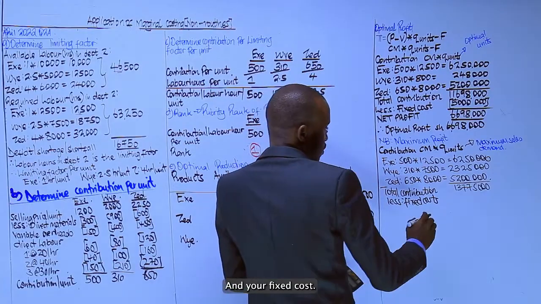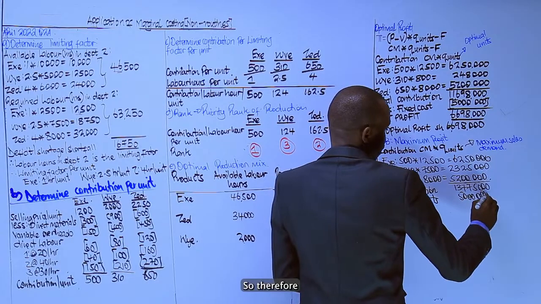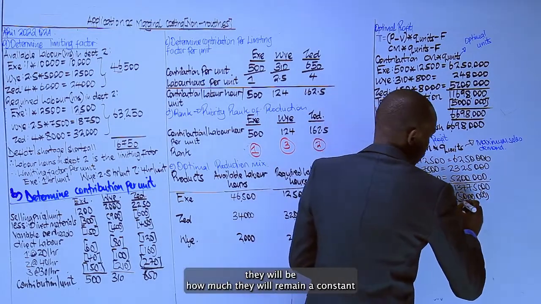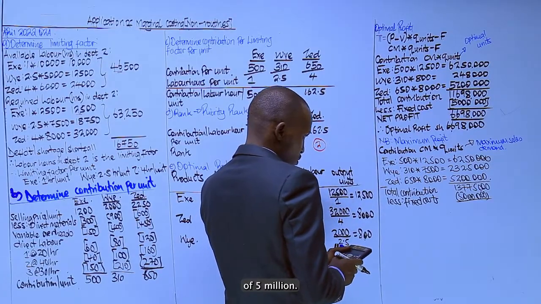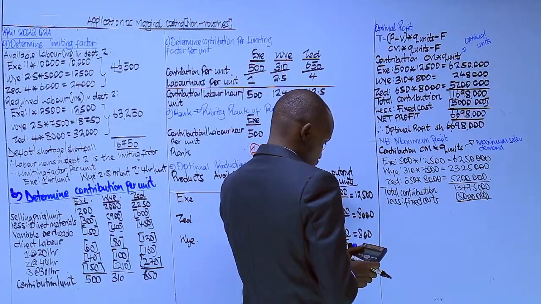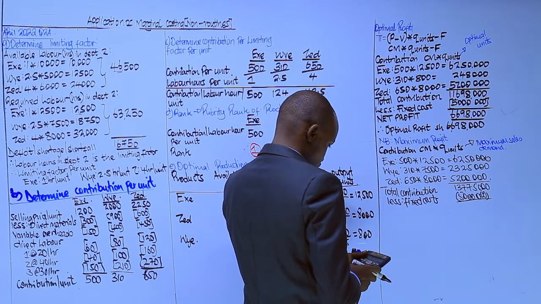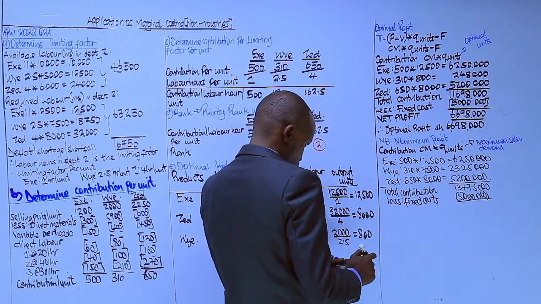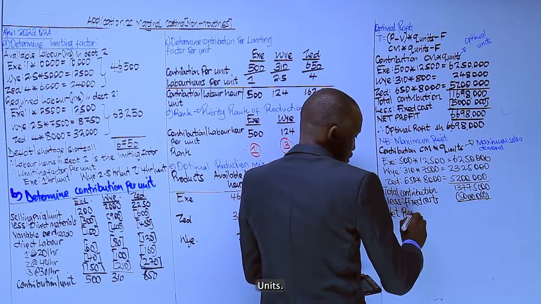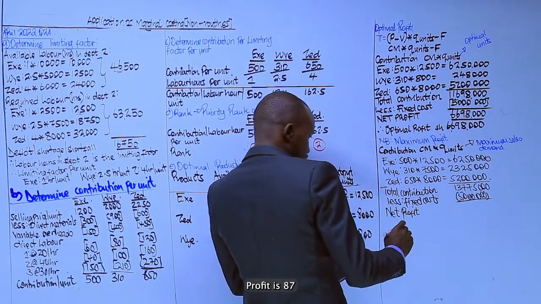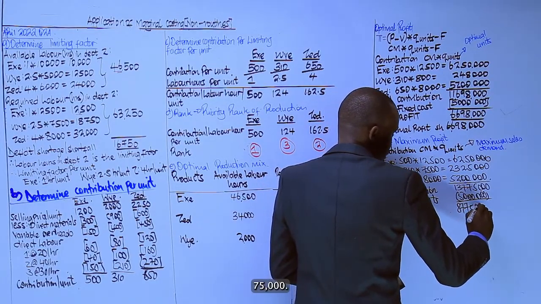And your fixed cost, remember, does not change with output. So therefore, it will remain a constant of 5 million. Your net profit is 8,775,000.